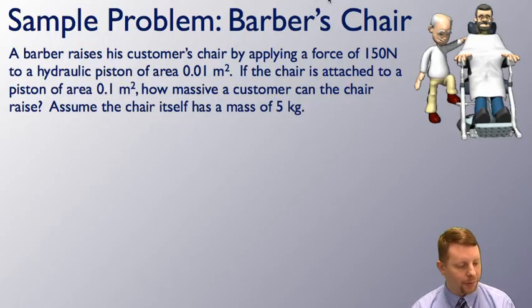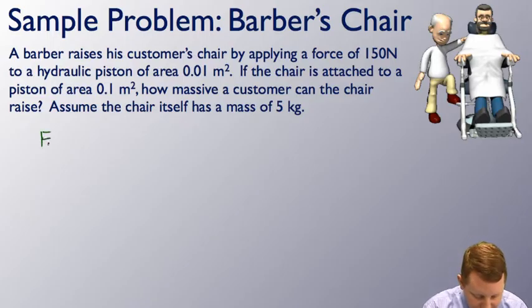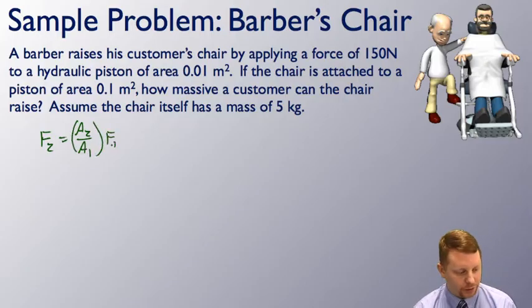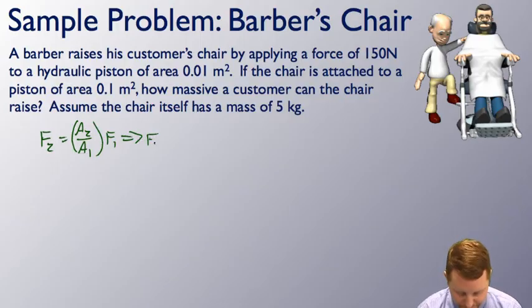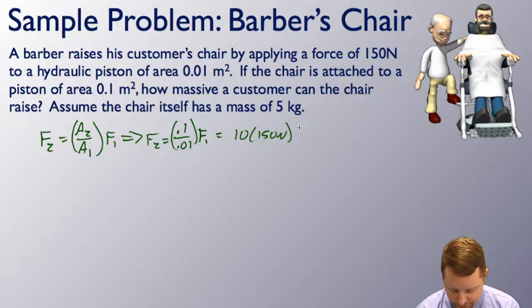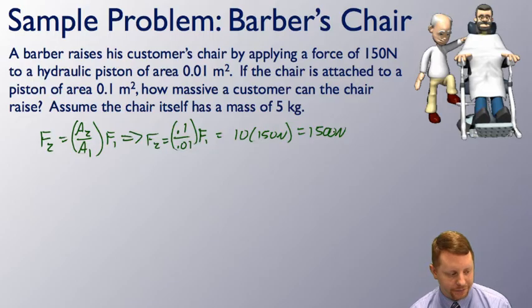Well, to solve this problem, let's first determine the force applied to the larger piston. F2 is going to be A2 over A1 times F1. Therefore, F2 will equal A2, 0.1, over A1, 0.01, or a ratio of 10 times F1. We're going to need 150 newtons, so this is going to be 10 times 150 newtons, or 1,500 newtons, the largest force applied.